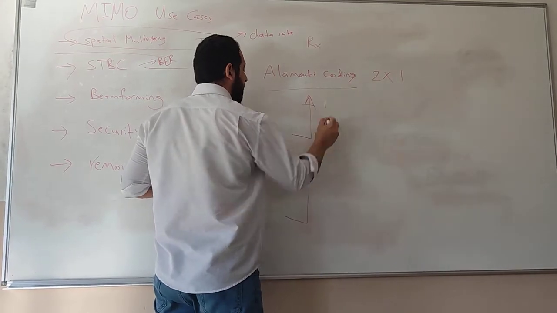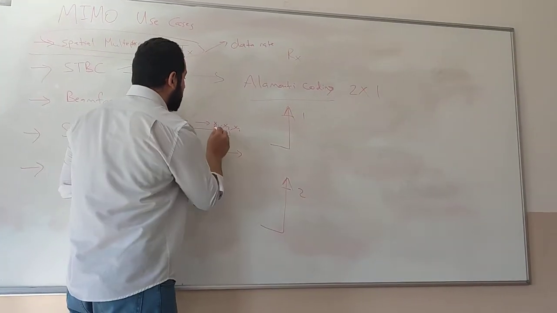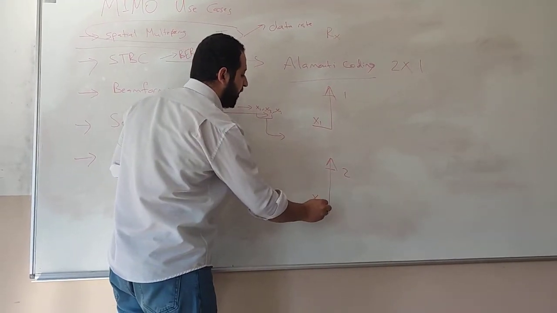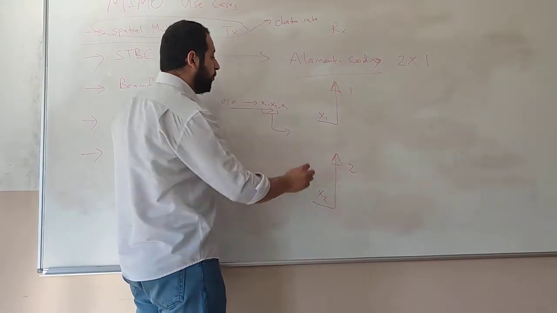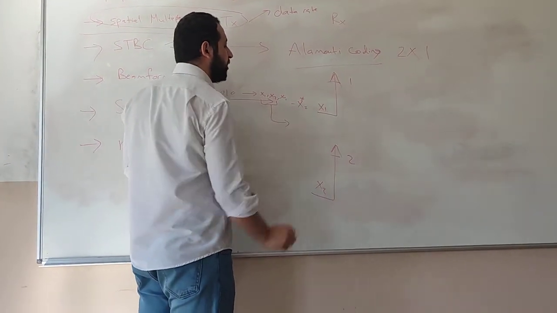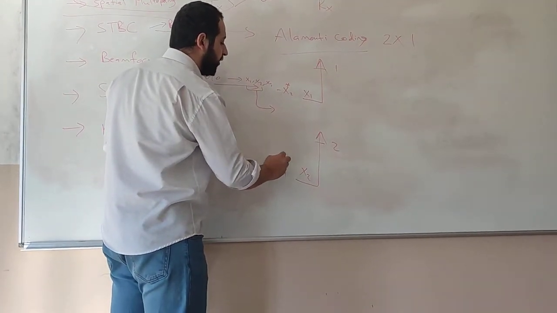So in this case, you have 2 antennas at the transmitter, antenna 1, antenna 2, and you send X1 from antenna 1 and X2 from antenna 2, and then what you do, you also send minus X2 conjugate from antenna 1, and here X1 conjugate from antenna 2.